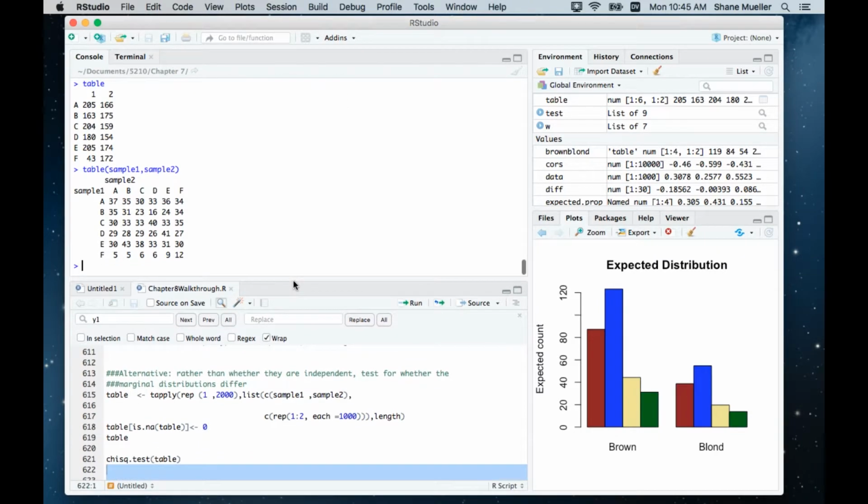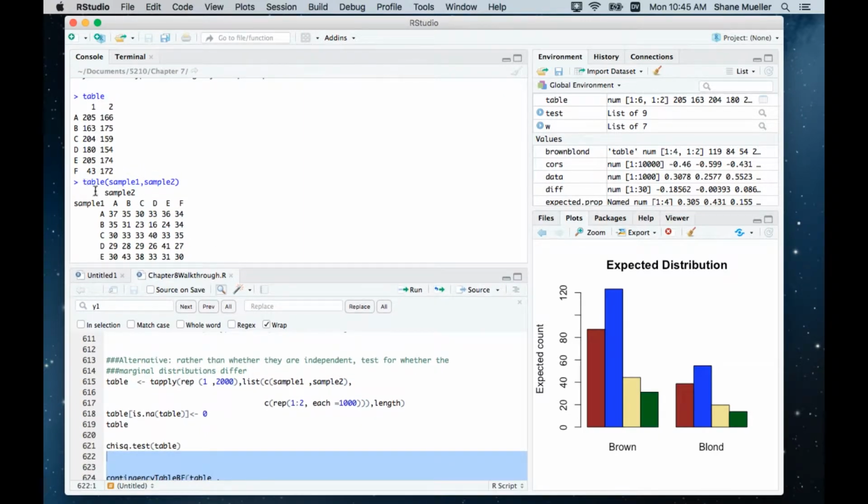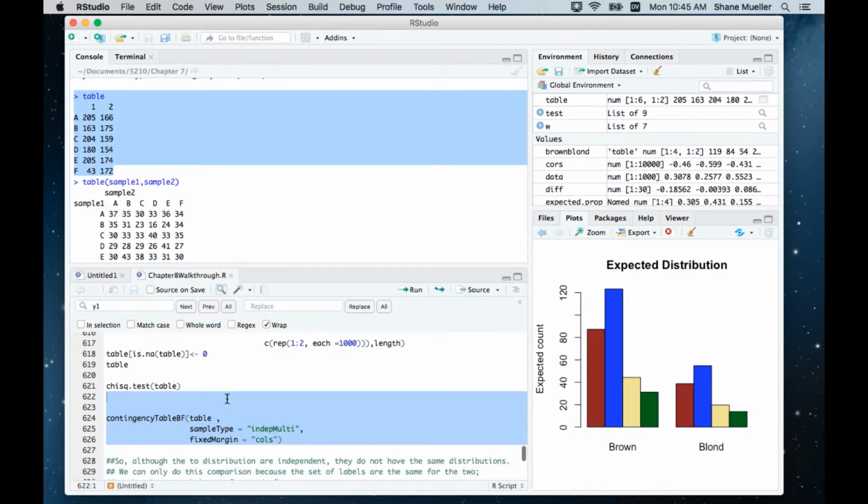So just be aware that both of these are reasonable questions to ask in different contexts, and you have to build these tables differently if you want to test this versus this. This is probably the most common thing to do, but sometimes people want to ask this question and they do this instead, and they're not necessarily the same answers.